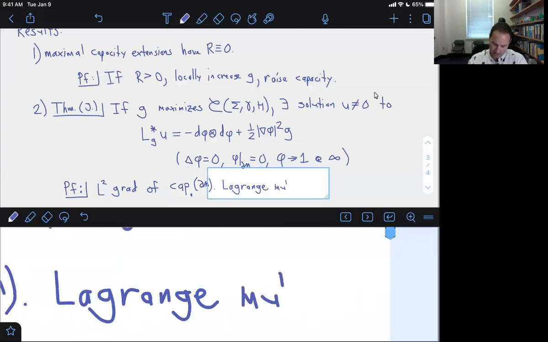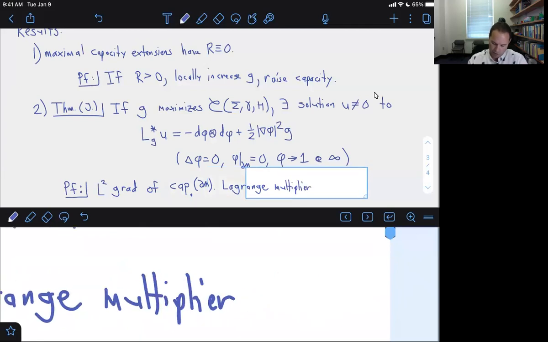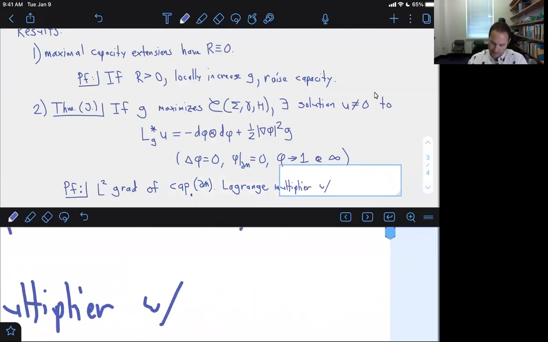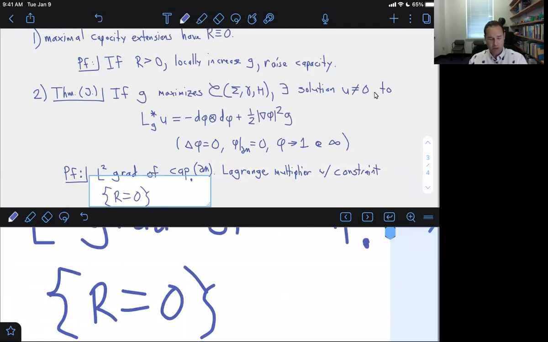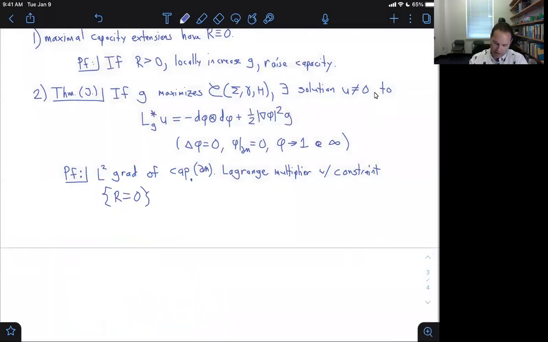So it's a Lagrange multiplier argument. You can be thinking of this as having an optimization of capacity with the constraint of scalar flat metrics. Okay, so that's your constraint set, because you know if you have a maximizer, it has to live on that constraint set by the first observation. If you play around with that, then what pops out is the Lagrange multiplier ends up producing a non-trivial solution u to that equation.